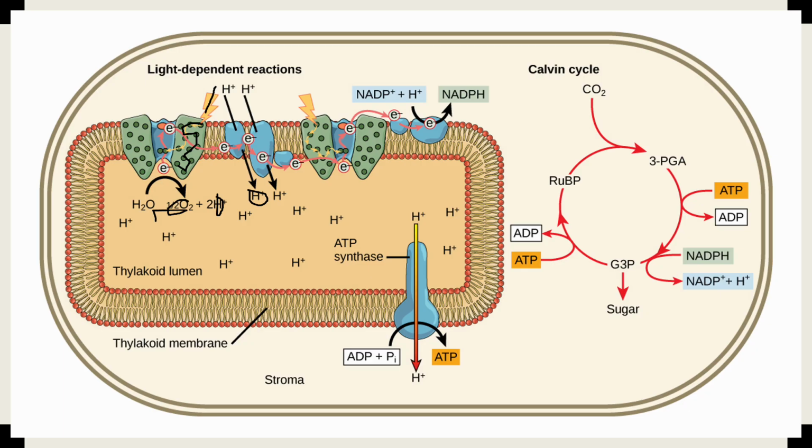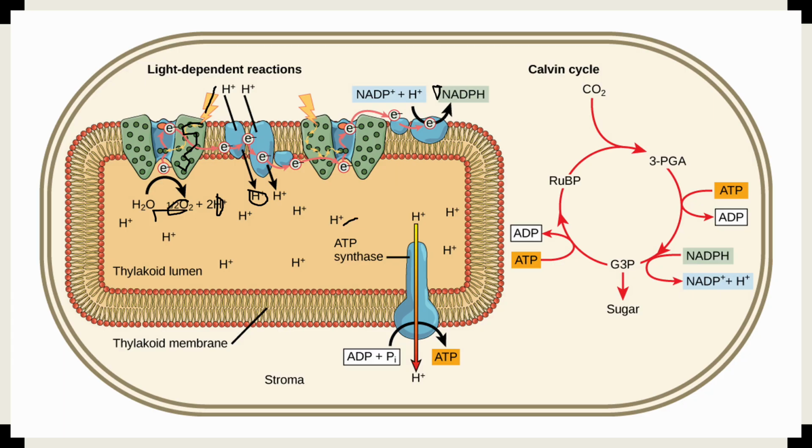And then eventually that electron gets picked up on a carrier. So two main things are made in the first part: an electron carrier and some hydrogen ions.